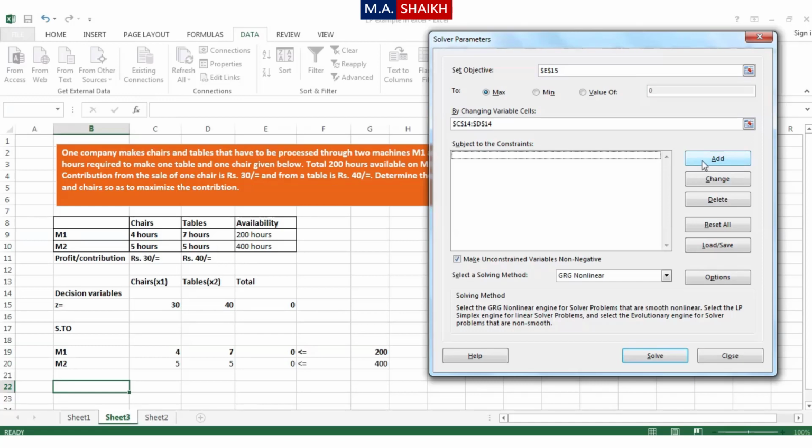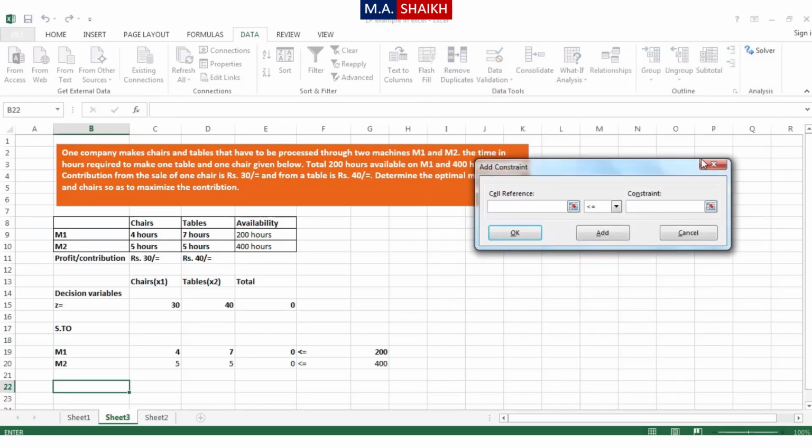Now add the constraints. Add. This is the cell, total time less than or equal to, here set the address, this one. Add.